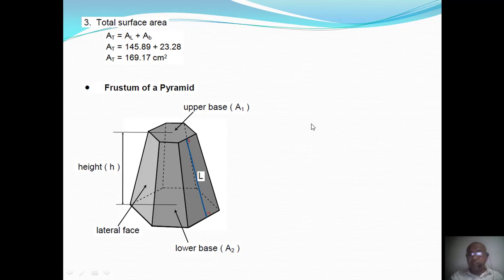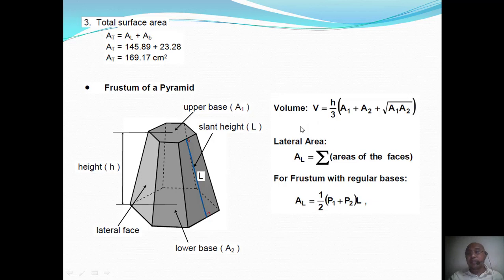So formulas: volume equals h over 3 times area 1 plus area 2 plus the square root of area 1 times area 2. Then the lateral area is the summation of the areas of the faces. Now take note that the faces are trapezoids.